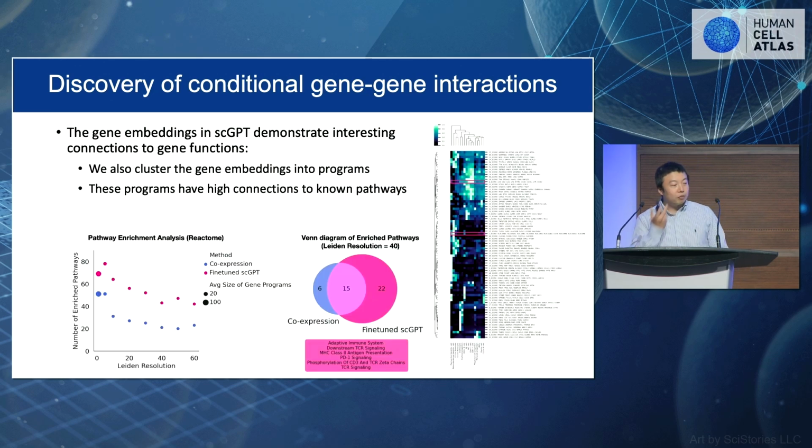And then we perform some comparison with traditional co-expression pathway analysis. We find that through fine-tuning, scGPT did find a lot more differential pathways in gene regulatory networks. So this gives us confidence that not only can we learn embeddings of cells, we can at the same time learn embeddings of genes that can give us meaningful gene program information.